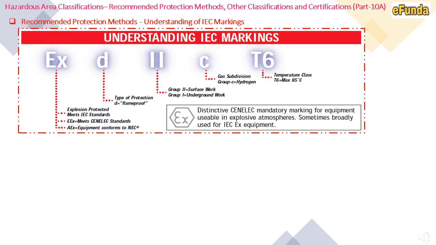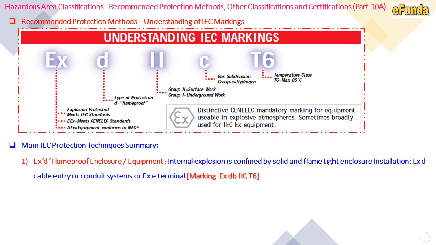Then we are moving on to understanding the various types of terminologies used in this marking. Out of that, we are starting with the main IEC protection technique summary. Ex d, flameproof enclosure or equipment. In this, the internal explosion is confined by a solid and flame-tight enclosure installation, that is Ex d.